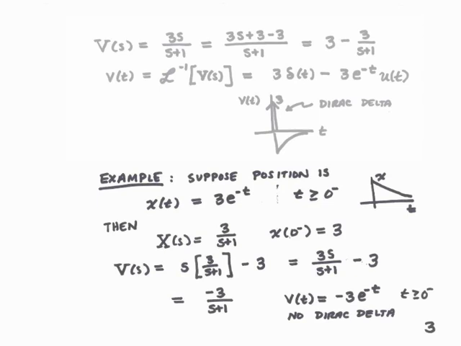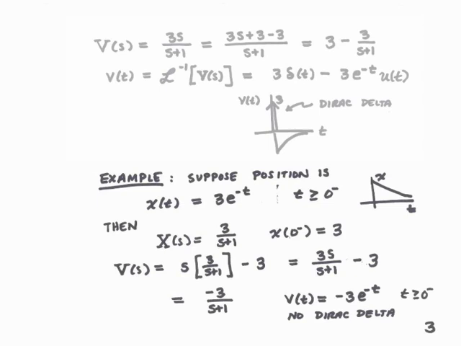We'll now use the time differentiation property again, but now with this signal. We find v of s is s times x of s minus the initial condition. That will be s times 3 over s plus 1 minus the initial condition, which is 3. Performing the algebra, we find v of s is minus 3 over s plus 1.